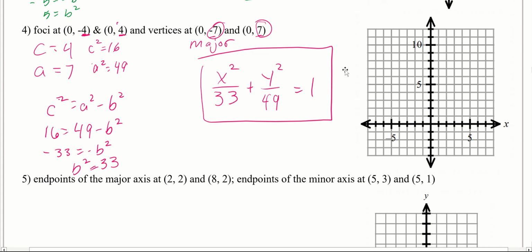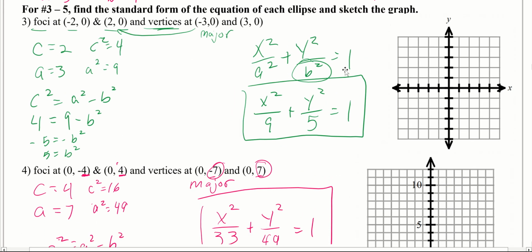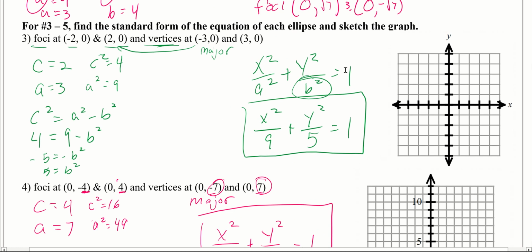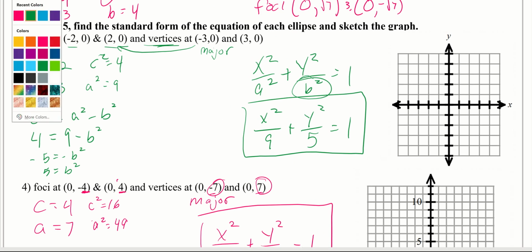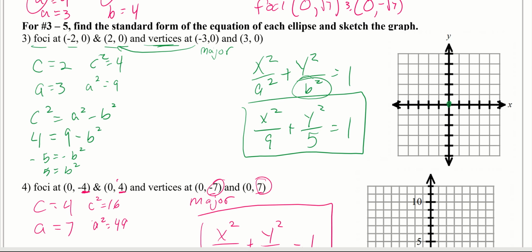Okay. I apologize, I was getting too excited with solving these. It says, and sketch a graph. So we'll come back to sketch a graph real quick. My center is at 0, 0. For number 3, the major axis is in the x direction, so I'm going to go 3 in each direction: 1, 2, 3.